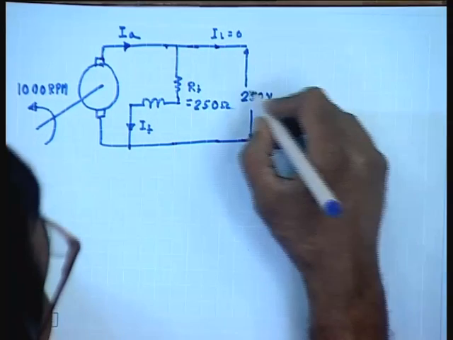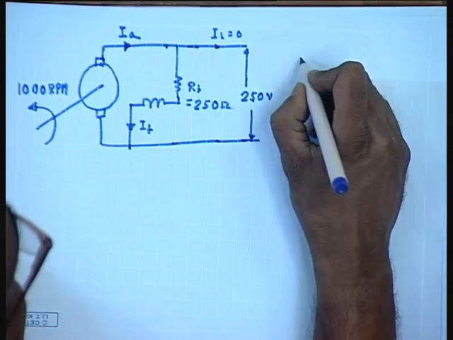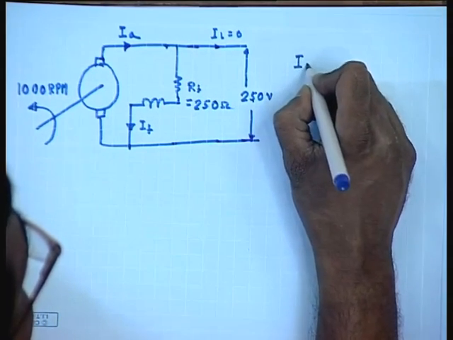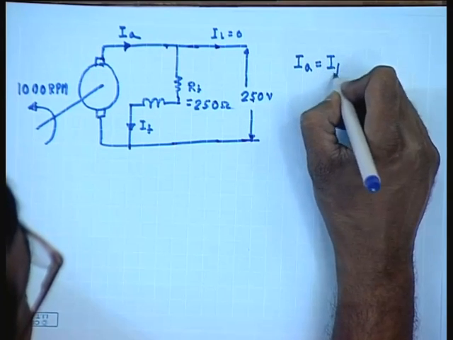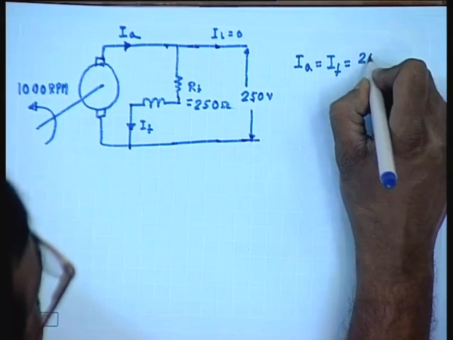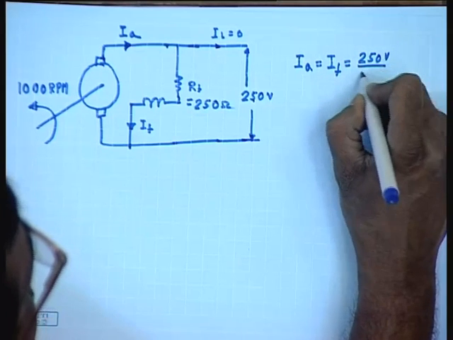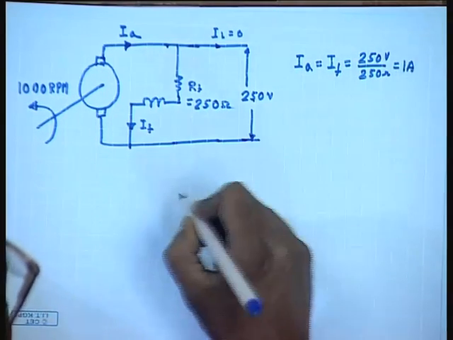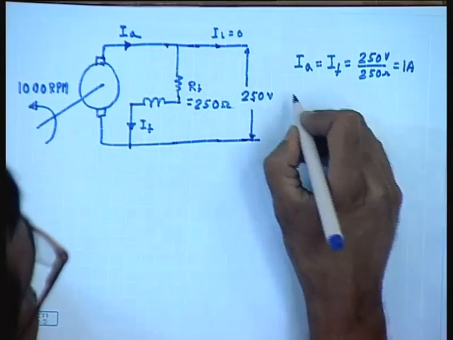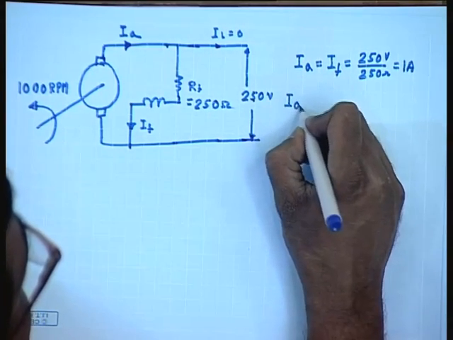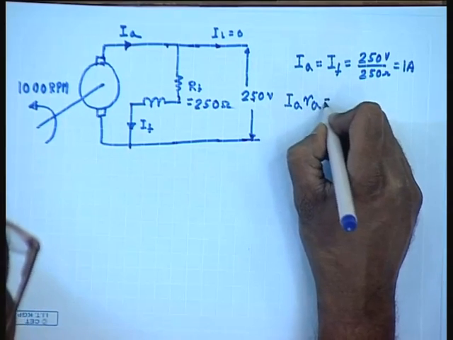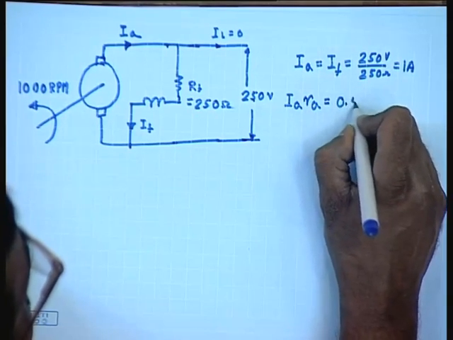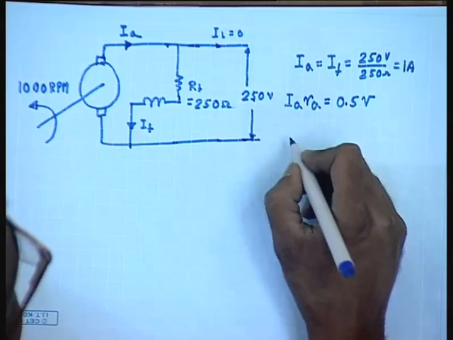So, under this condition, since the generated voltage is 250 volt, Ia equal to If equal to 250 volts by 250 ohm, this is equal to 1 ampere. So, under this condition IaRa equal to 0.5 volts, since Ra equal to 0.5 ohm.